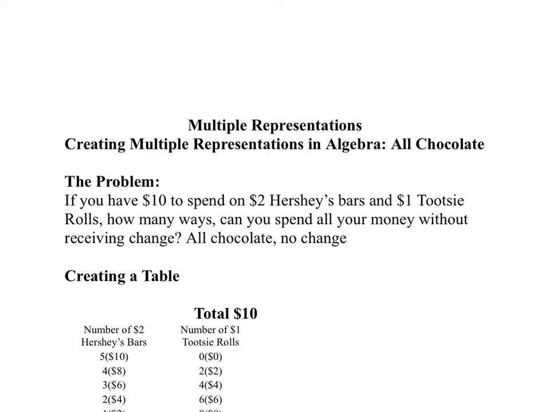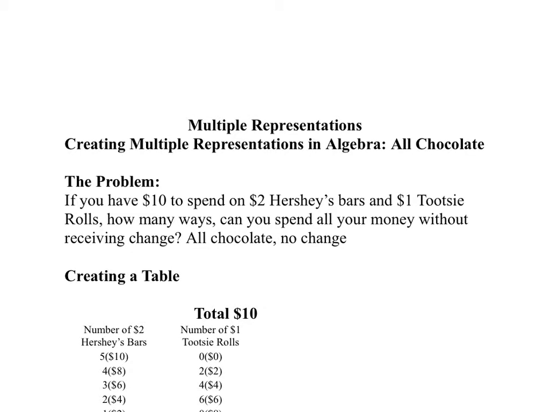Let's say we have a situation where you have $10 to spend. You can buy $2 Hershey bars and $1 Tootsie Rolls, but you can't get any change.